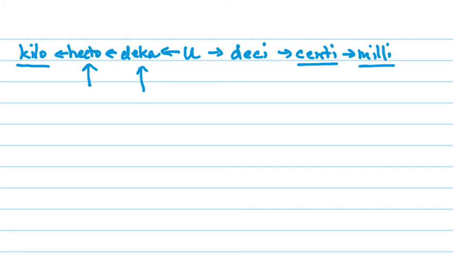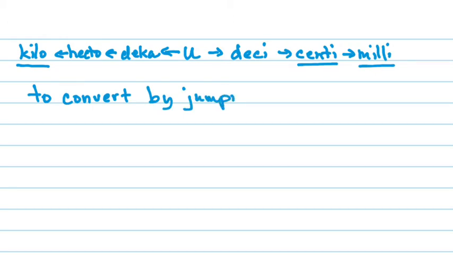We generally jump straight from whatever units up to kilo units, kilometers, kilograms, etc. But in order for this particular method to work, you need to know all of them. Okay? Because what I'm going to do is show you a method to convert by jumping. Now that's my word. You will never see that anywhere else, but anyway, it really describes what's happening.